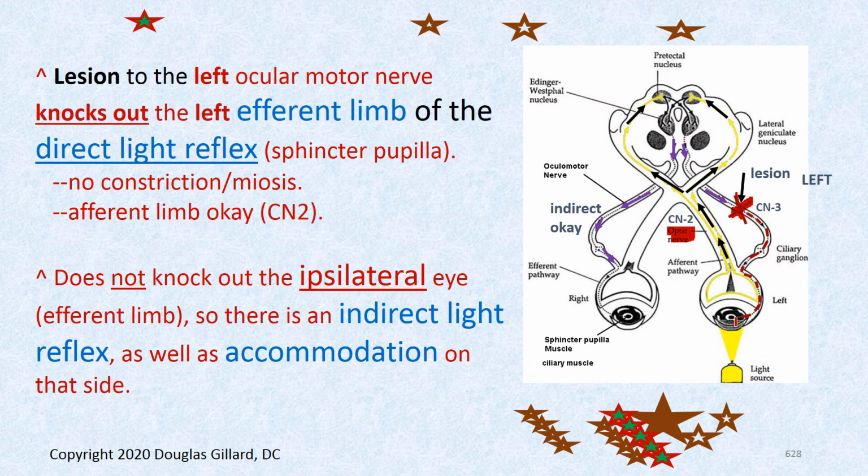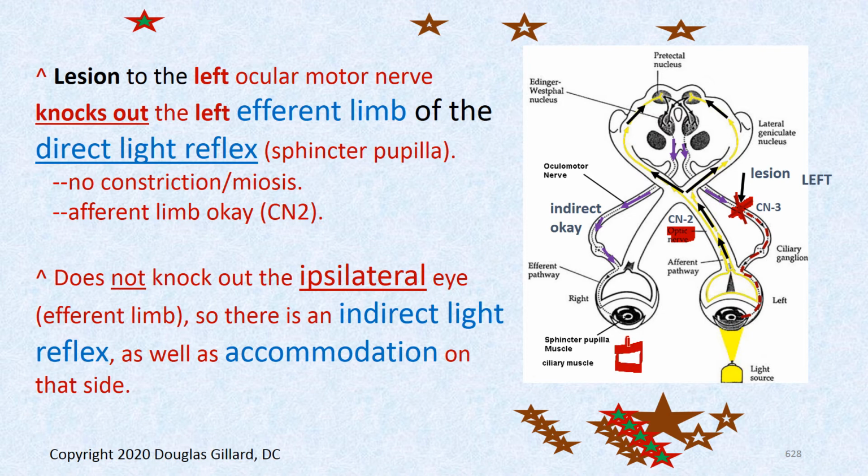Nothing happens. However, as you look over at the other eye, that one constricts. Why does it constrict? Because the light reflex is working the same. This still works. So the indirect light reflex over here is normal. The direct light reflex is screwed up. Right? Everybody understand that? Now what if we test this eye?